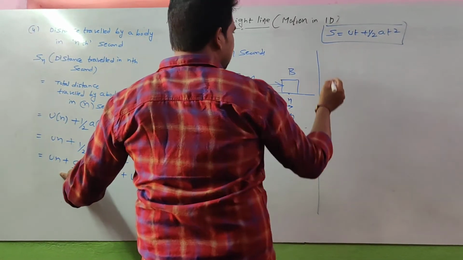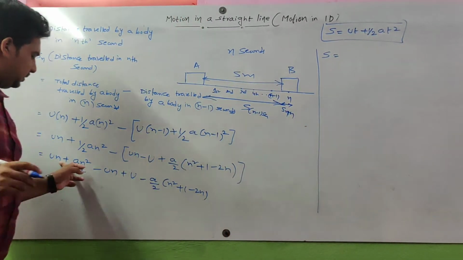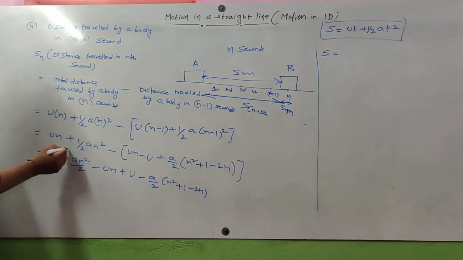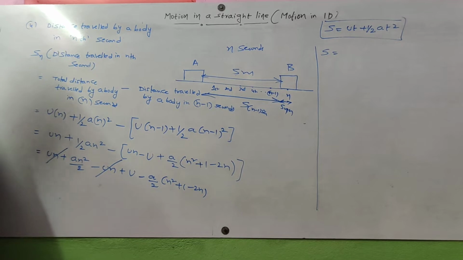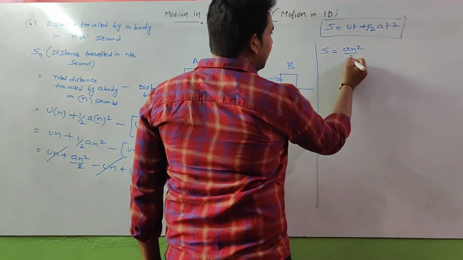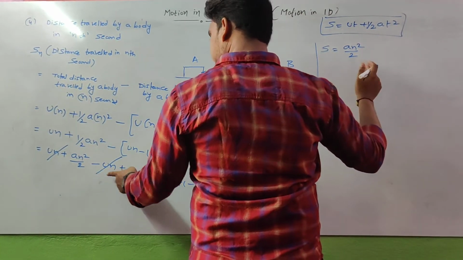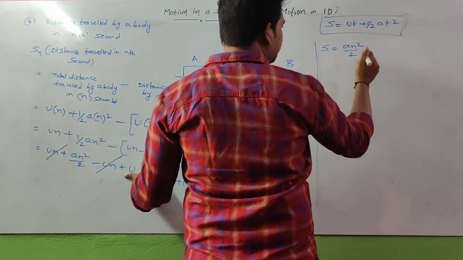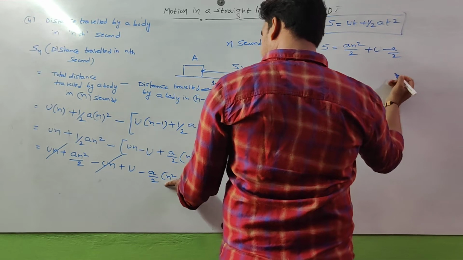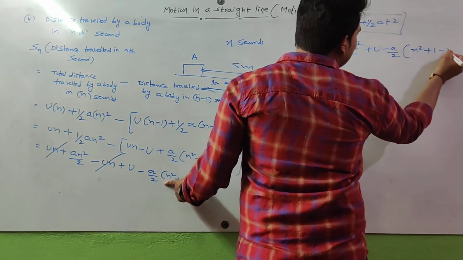So from this, what did we get here? Observe carefully: un plus an square by 2 minus un. Plus un and minus un are going to be cancelled. What is left is an square by 2, plus u, and minus a by 2 into n square plus 1 minus 2n.